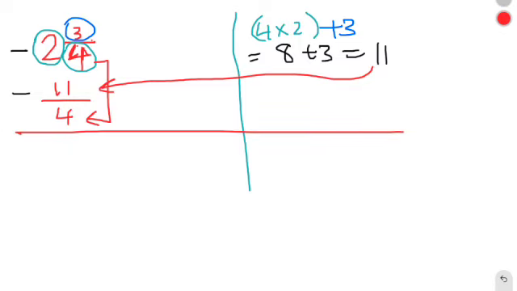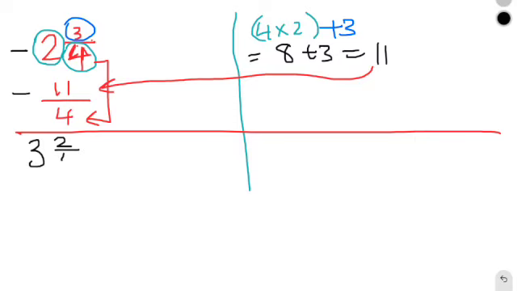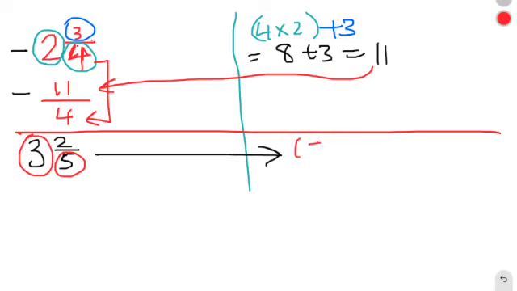Okay, let's do another one. If we have 3 and 2 over 5, let's say 5. To turn this into an improper fraction, you have to say this 5 multiplied by this 3 and then plus that 2.